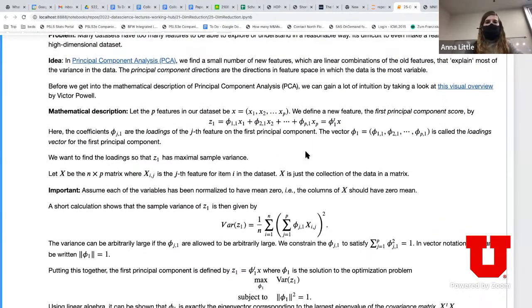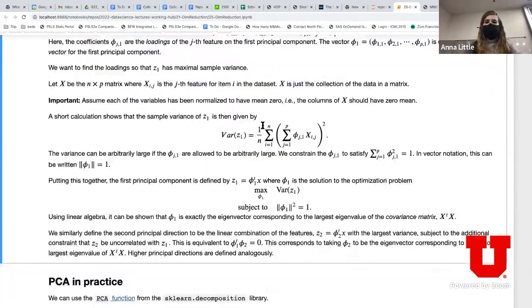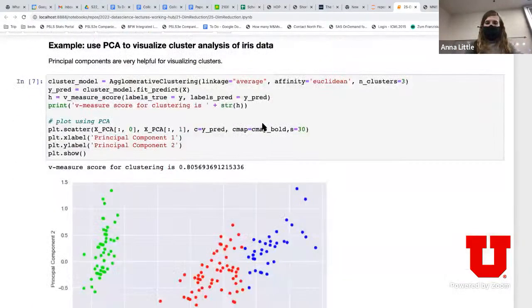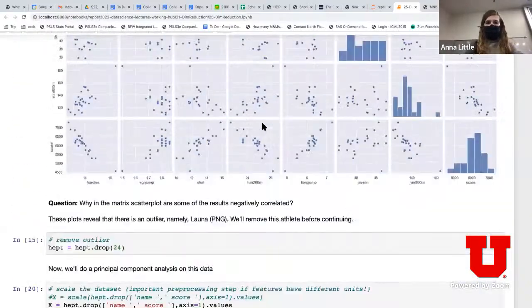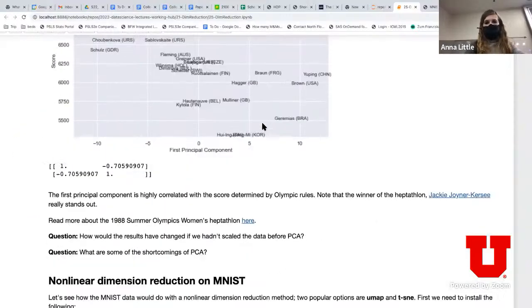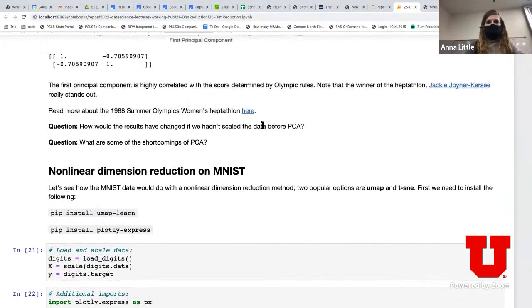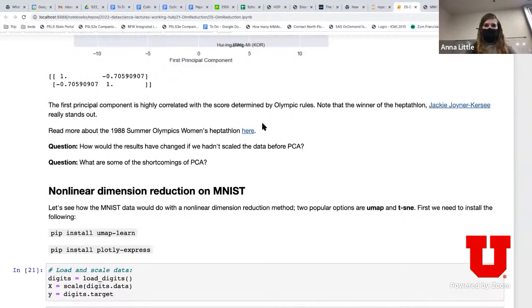There are generalizations of PCA, like sparse PCA, where you can't combine all of your features together. Maybe you can only combine 5 or something like that. Okay, so interpretability can be tricky, but it works very well for reducing the dimension if the data is linear.